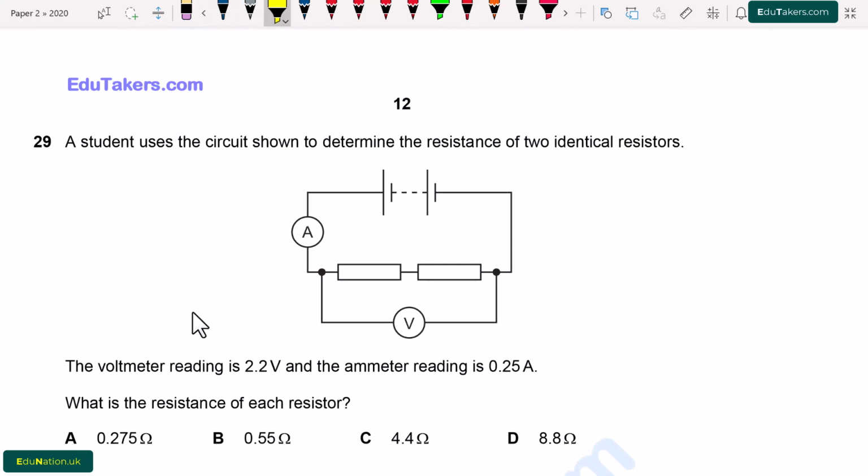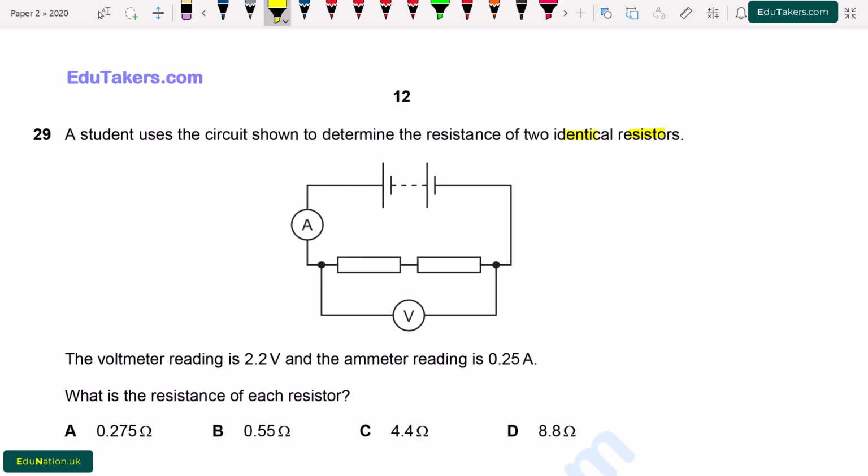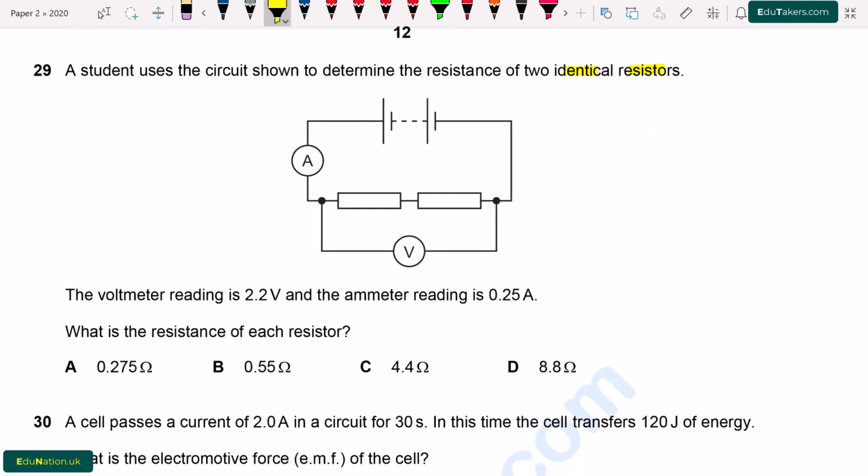Question number 29. A student uses the circuit shown to determine the resistance of two identical resistors. So here we have two identical resistors. I suppose these resistors are R1 and R2. The voltmeter reading is 2.2 volts and the ammeter reading is 0.25 amperes.